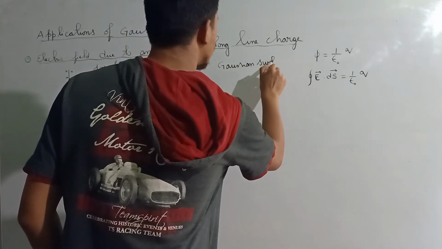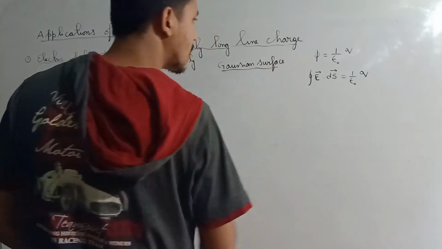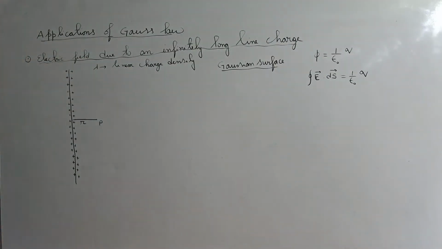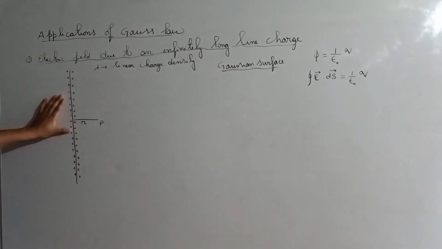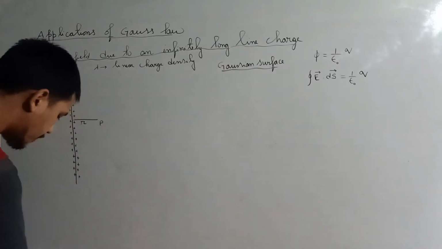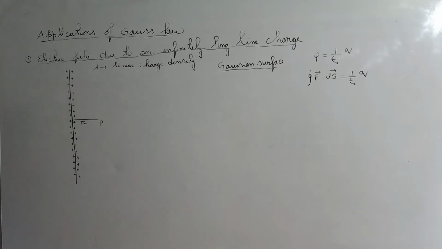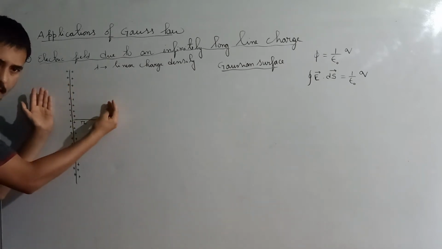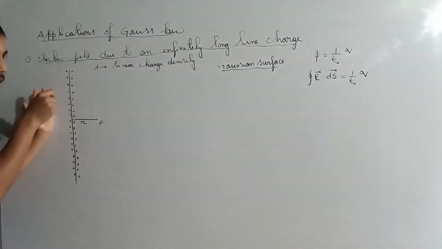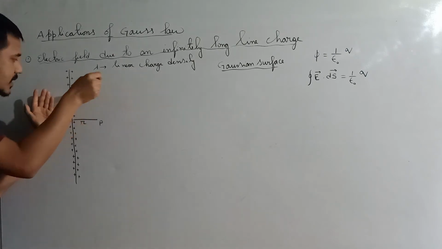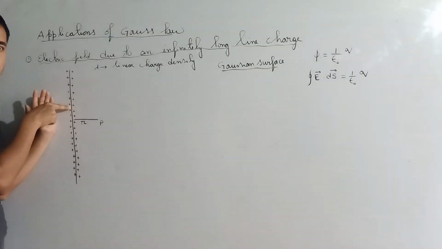And what is a Gaussian surface? Last class we discussed. A Gaussian surface is a closed surface which should be symmetric about this charge. Suppose you have to draw that surface around this point P, so that the distance at any point on the surface remains constant from this line charge.